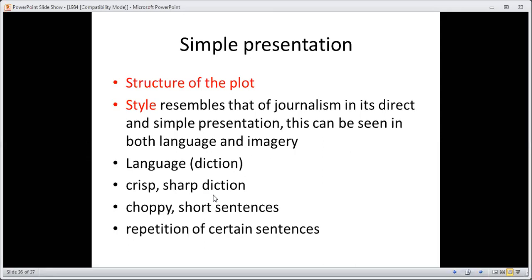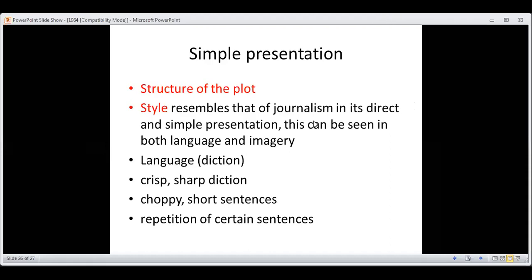If you want to see the slogans of the party, for example, you will find that they are repeated 100 times. Why? Because he wants to show you what happens to you if you become a subject of the Big Brother.